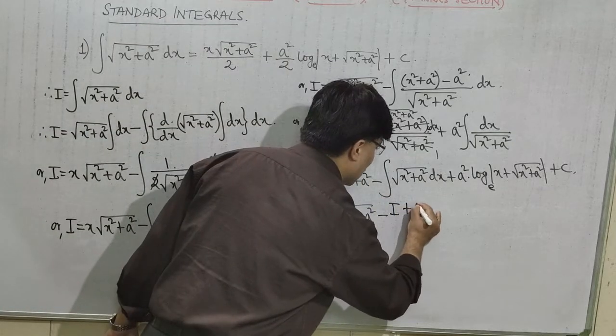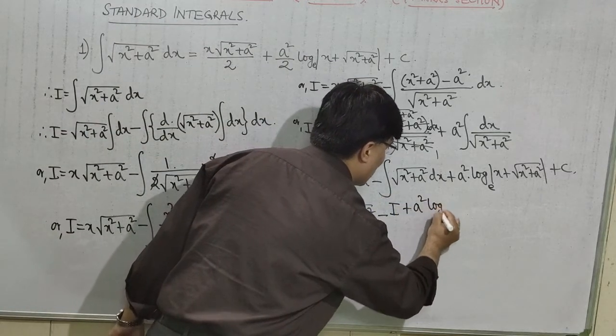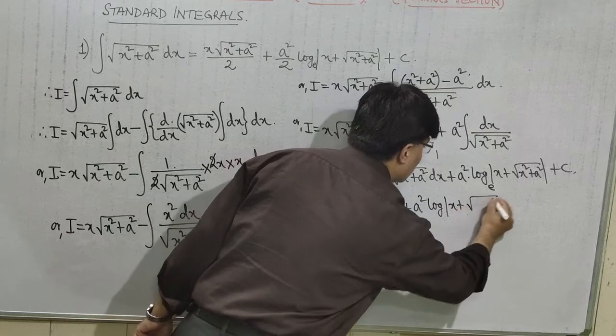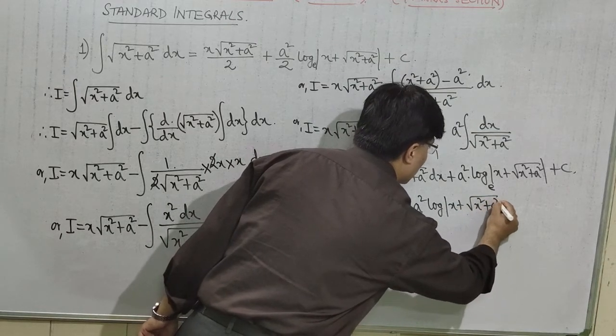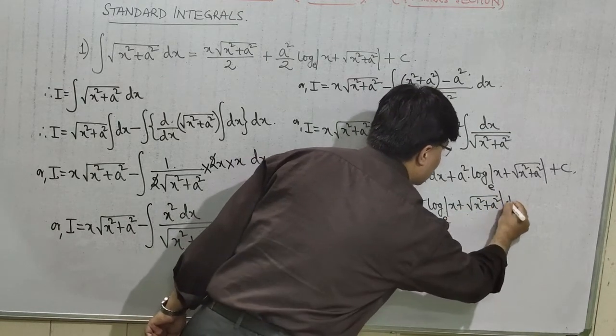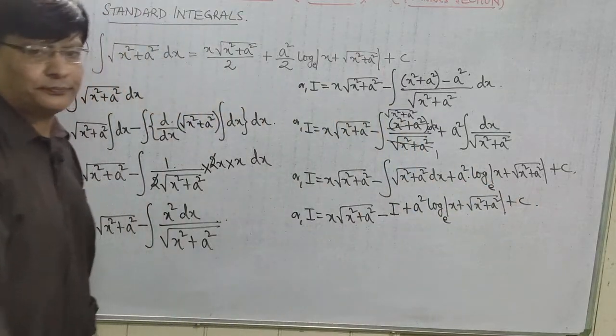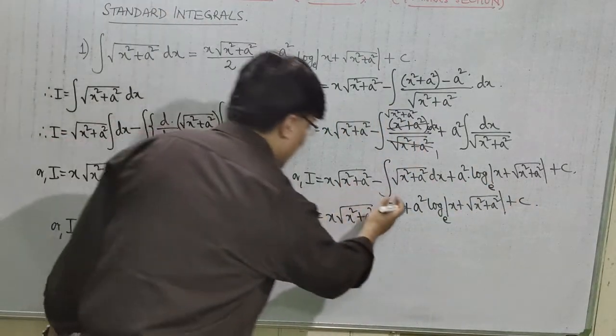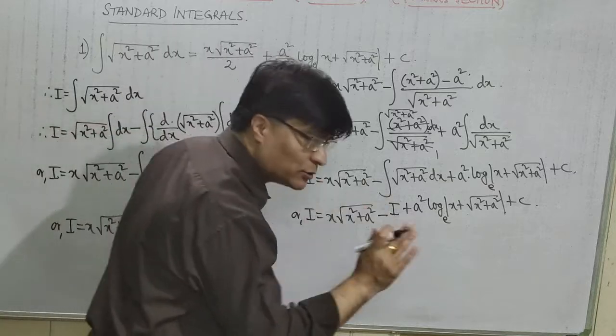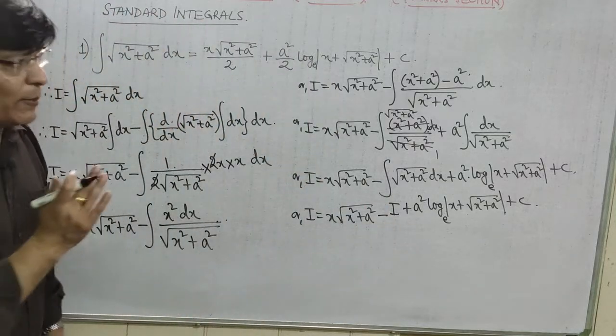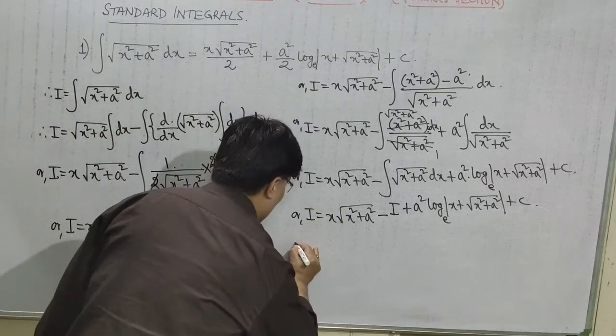Then what do you write? Plus a square log of mod x plus root over x square plus a square, mod sign closed, the base is e, then plus c. Okay. So now minus I, take it to the left hand side, because you have to get the value for I. What do we get?